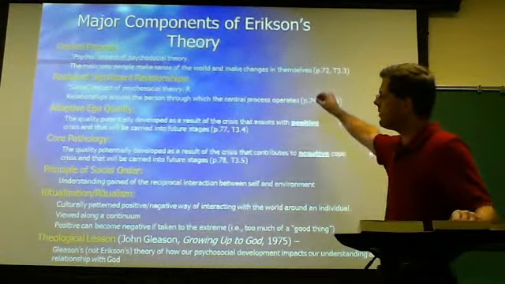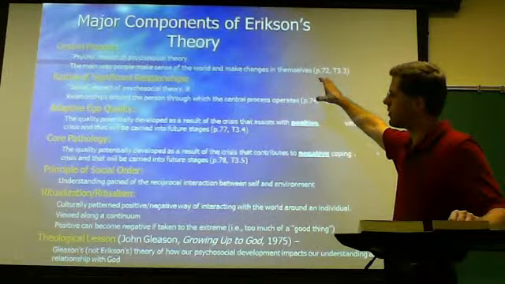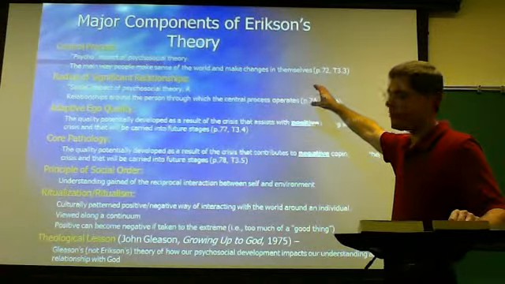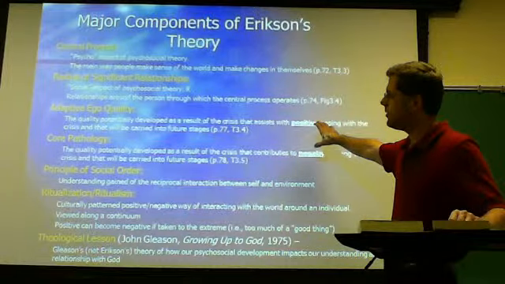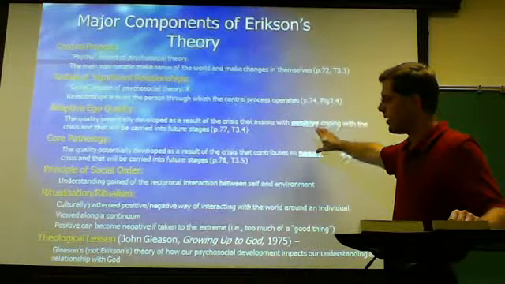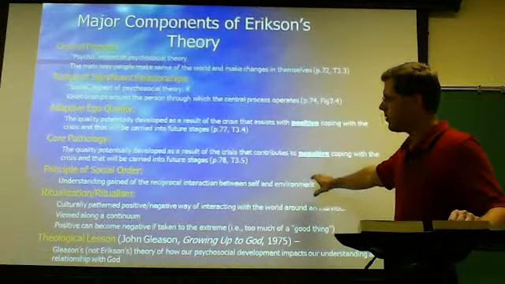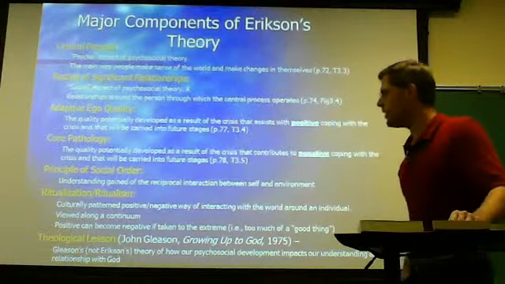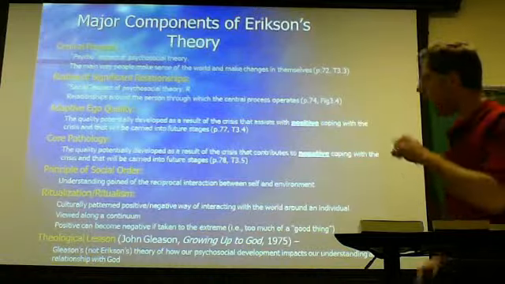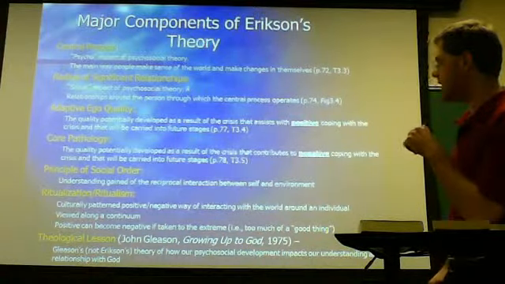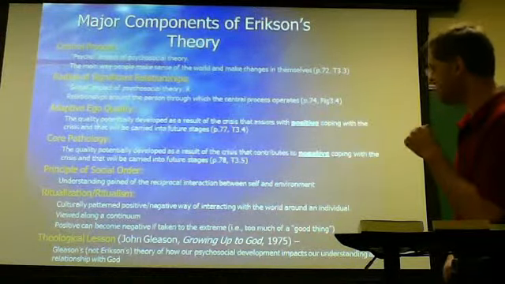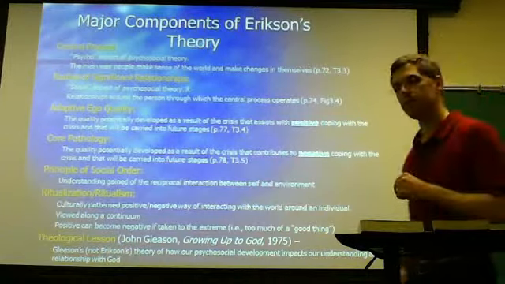Now, you can kind of lump the central process and the radius of significant relationships together. You can lump adaptive ego quality and core pathology together. And you can lump these last two together as well. The principle of social order is the understanding that is gained of the reciprocal interaction between the self and the environment.